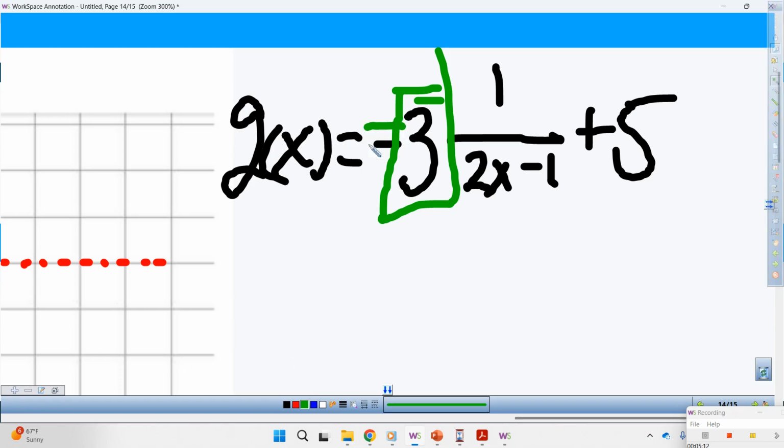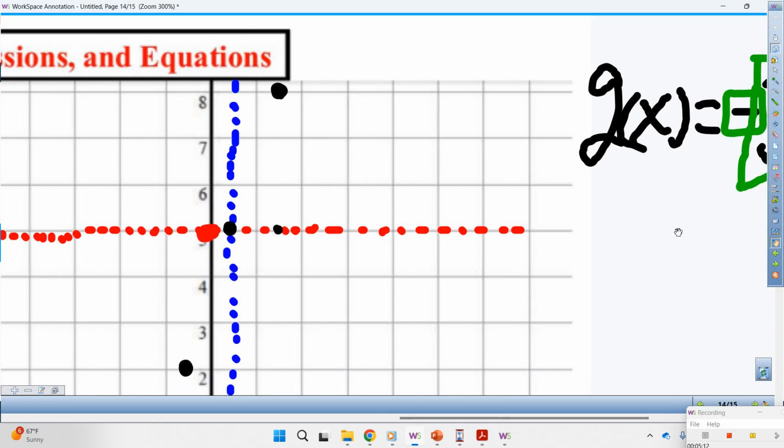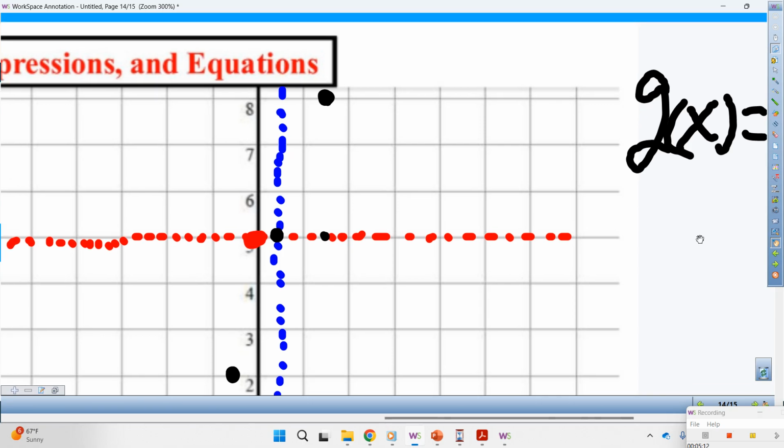All right, so what happens to the entire function according to that? Talk to your neighbor, people. What happens to the entire function? All right, let's pass it to Renzo. What happens to the entire function with that?